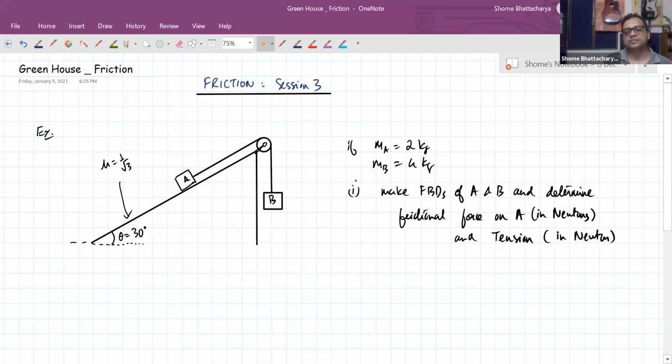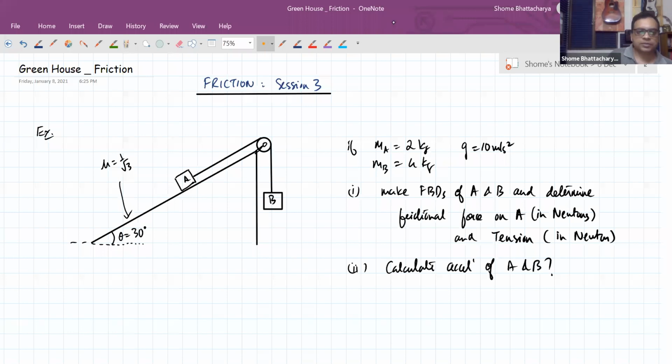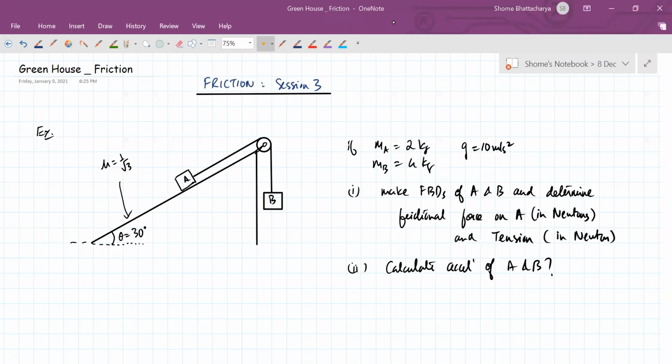Take g as 10. And secondly, calculate the acceleration of blocks A and B. So let's start with this question, people, and we'll discuss more questions as we go along.